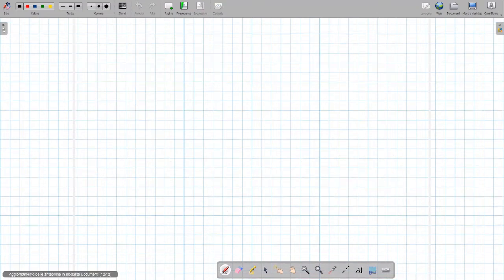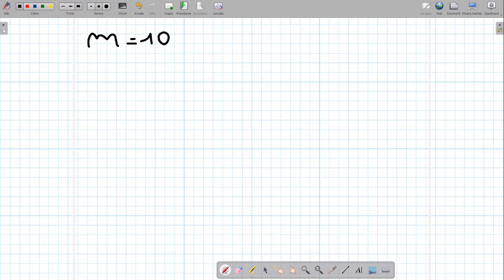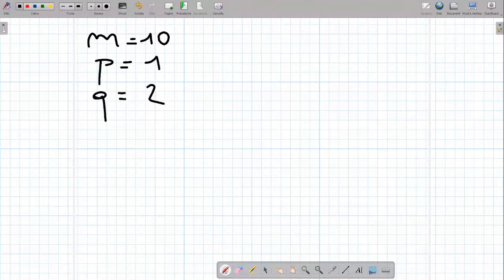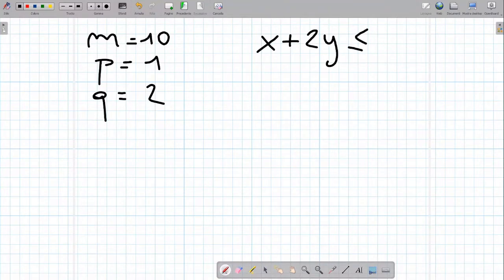So I move on by choosing some parameters for some values. Generic values for M, P, and Q: we can just put M equal to 10, for example, P equal to 1, so the price of the first commodity is 1, the price of the second one is 2, and from this inequality, it turns out that X plus 2Y should not be greater than 10, which is our total money.